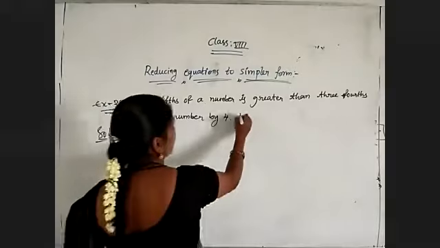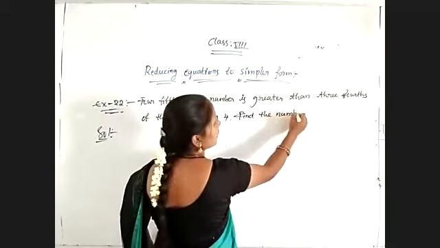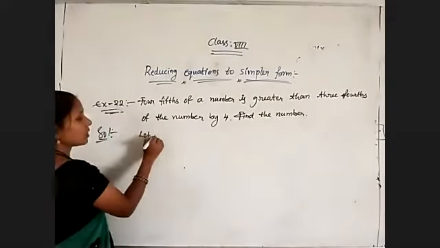Find the number. So in this question we need to find the number itself. Whatever number we need to find, let that number be X. Let the number be equal to X.